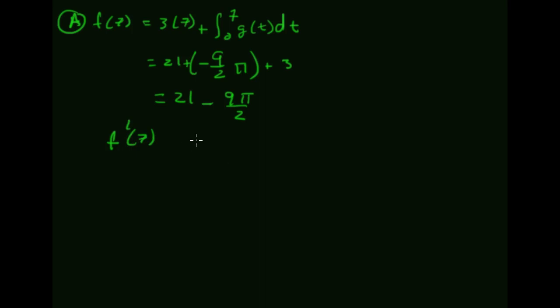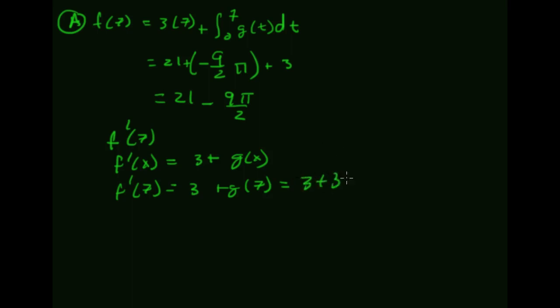The first thing I need is f prime of x. F prime of x is going to be 3 plus, by the fundamental theorem of calculus, g of x. So f prime of 7 will be 3 plus g of 7. G of 7 in this diagram is 3, so this is 3 plus 3, which is 6. So that's part A.